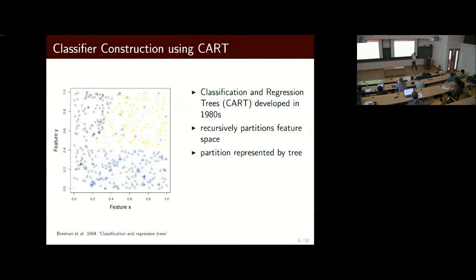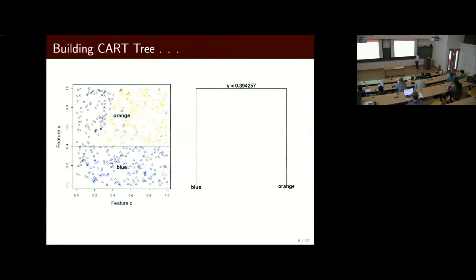So I'm going to show how CART works in a simple example with two features, feature X on the X-axis and feature Y on the Y-axis, and three classes, blue triangles, black circles, and orange plus signs. So what CART does is it searches across feature X and feature Y and attempts to find some split that minimizes misclassification or optimizes some other criteria.